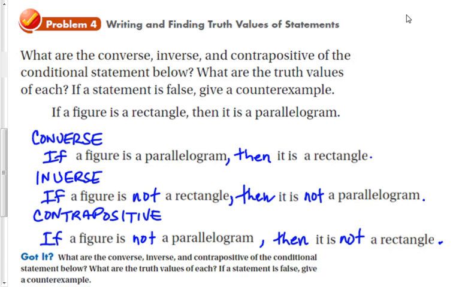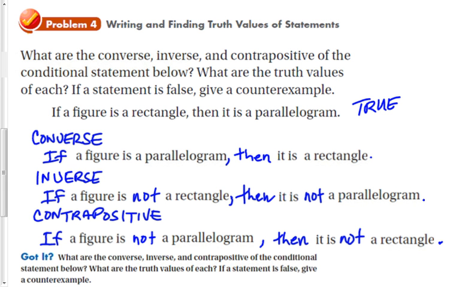Okay, so here are the statements, and now let's talk about whether they're true or not. The original statement, if a figure is a rectangle, then it is a parallelogram, that is true. All rectangles are parallelograms because their opposite sides are congruent, which is true of all parallelograms.